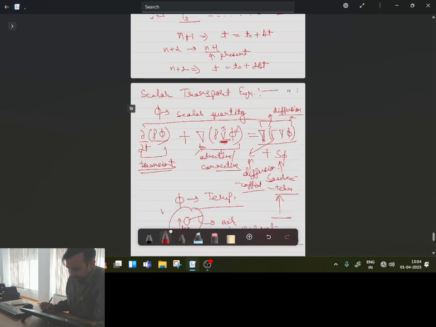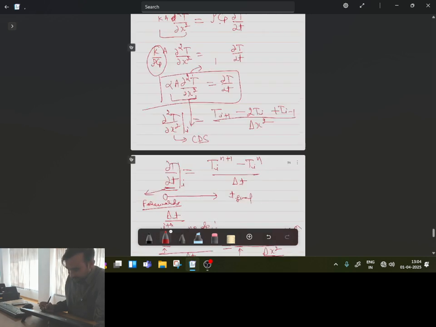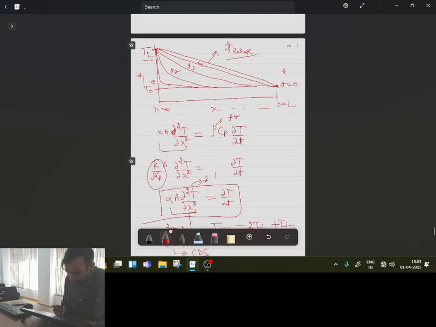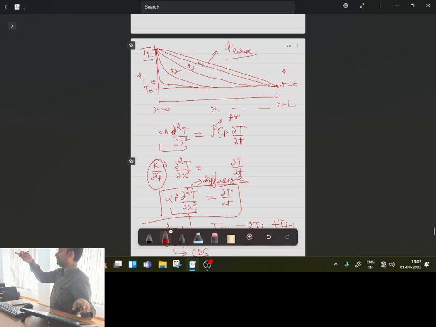And in the diffusive term, if I consider gamma to be constant, then the del and del become a Laplacian, which is second order. So this term is nothing but diffusive. Now what is the characteristic of diffusion? Just now we have seen: it propagates uniformly in all directions.